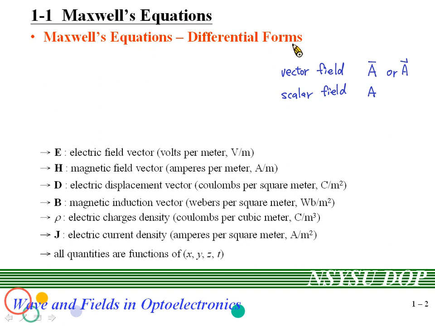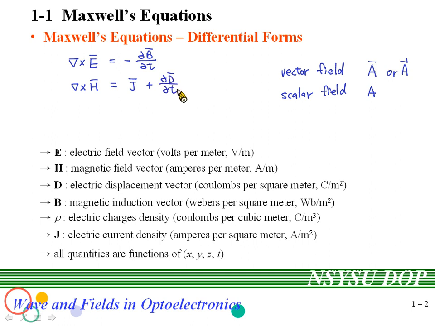First, we write down the two curl equations. We know that curl E equals minus partial B over partial t, and curl H equals J plus partial D over partial t.